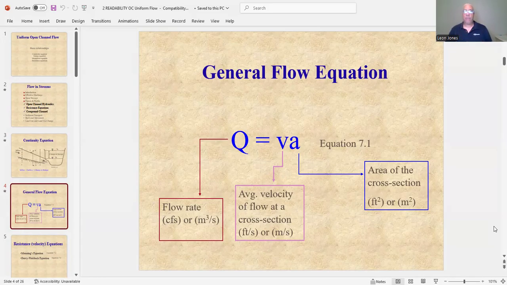And then you have your average velocity of flow at a cross section, feet per second or meters per second. You can have the area of the cross section, feet squared or meters squared. Now, you know everything is okay when your units match up. If your units don't match up, something is wrong.